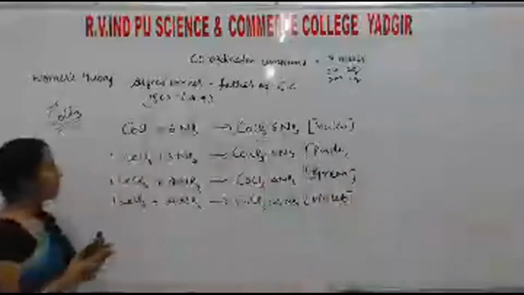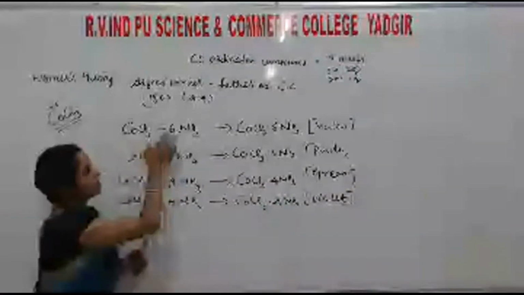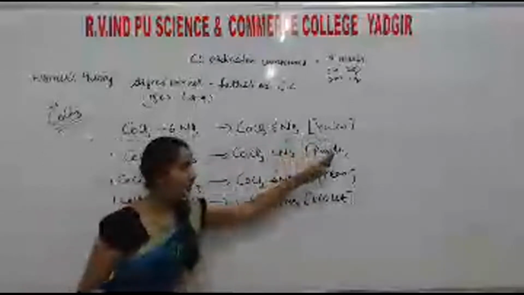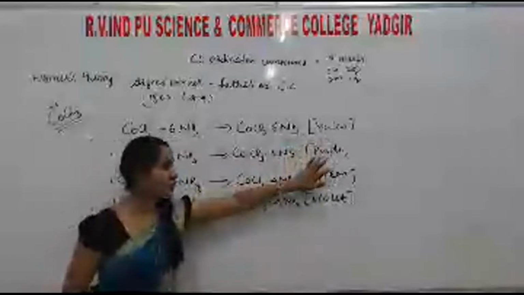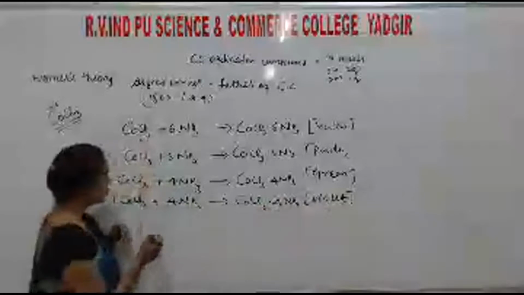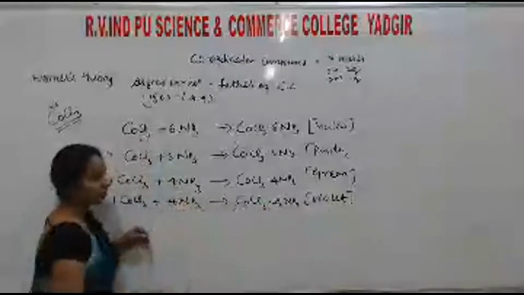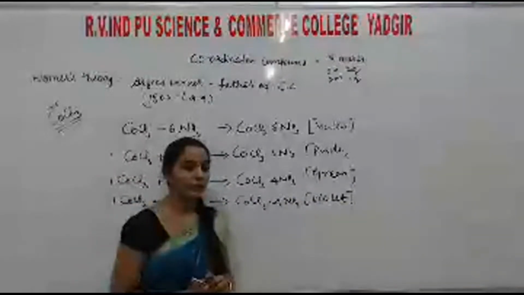So students, when we conducted the experiment, reacting this CoCl3 molecule with different moles of ammonia, we get different color solutions. For the first we got yellow, for the others purple, green and violet. In these two cases, the molecular formula is the same, yet here it is green and here it is violet.